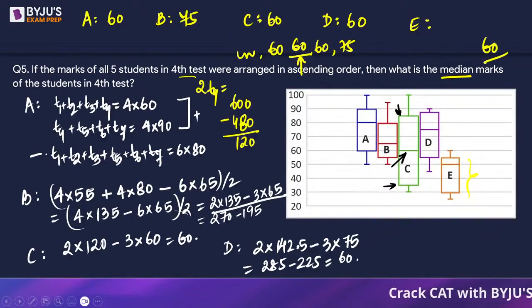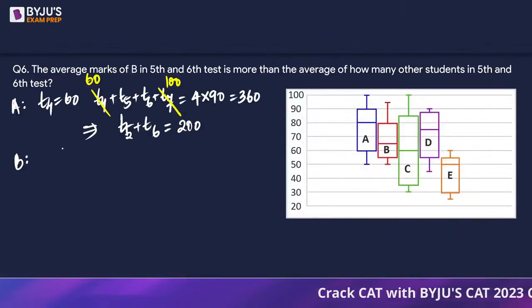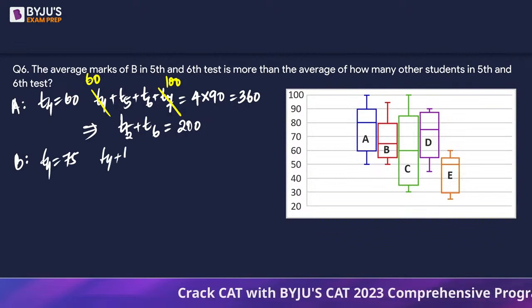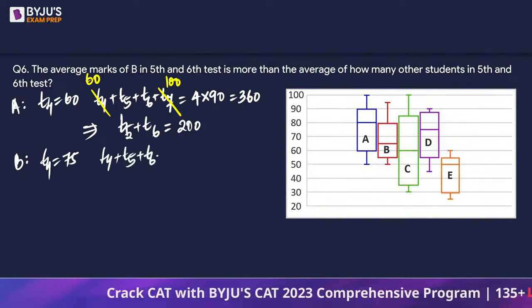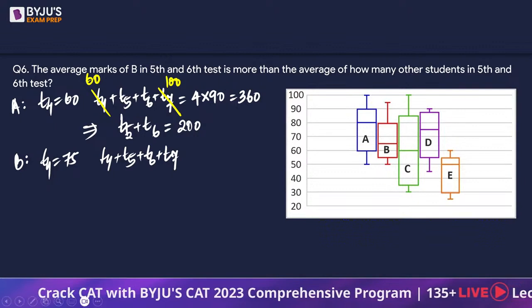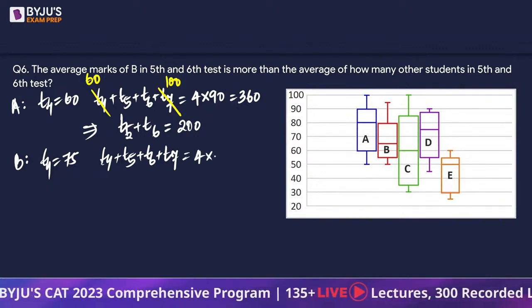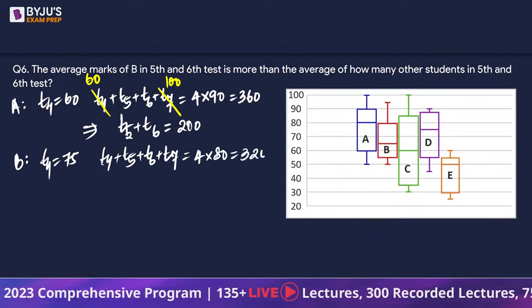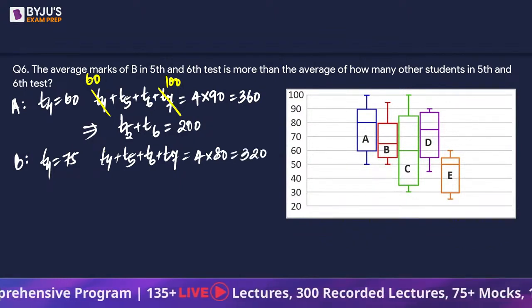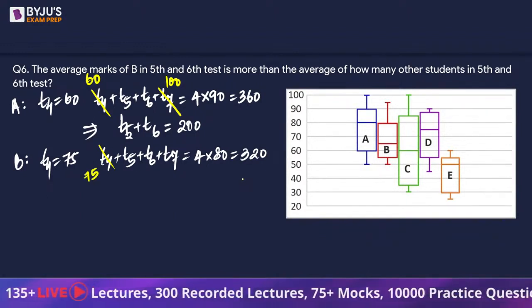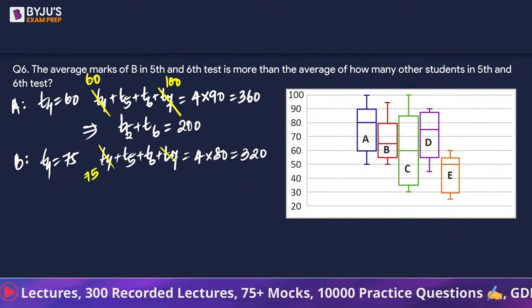Student B got 75 in T4, the 4th test. And it is also given that T4 plus T5 plus T6 plus T7, the sum, is going to be 4 into 80, which is 320. Out of these, we know that T4 is 75 and T7 is 95.